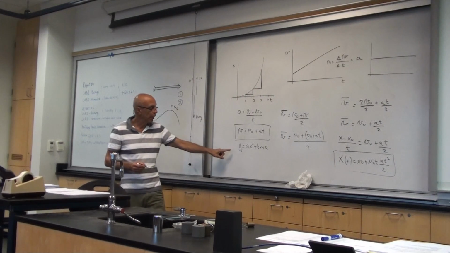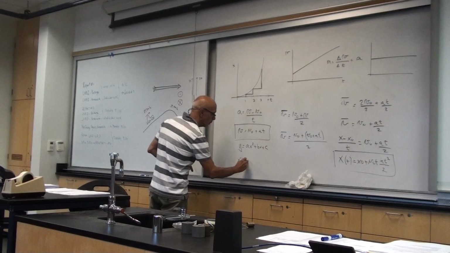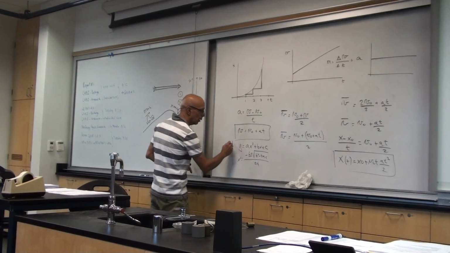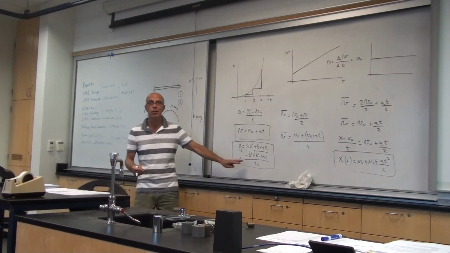How do you calculate that when y is 0? X is equal to negative b plus or minus square root of b squared minus 4ac, divided by 2a. This is another formula that you guys need to have. Do you guys remember what this is?